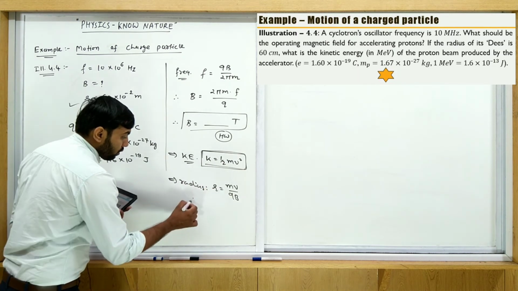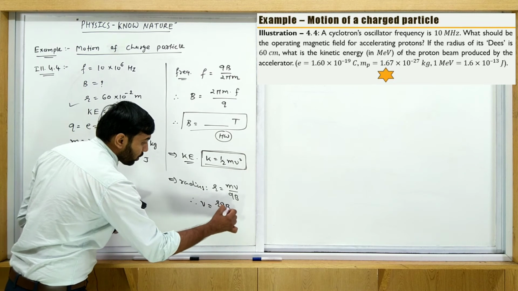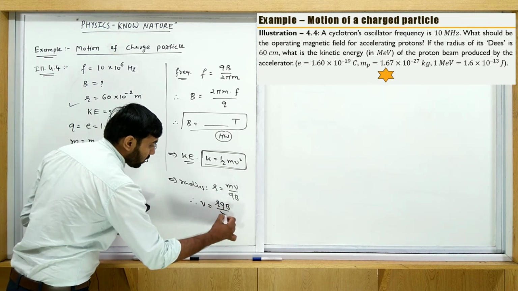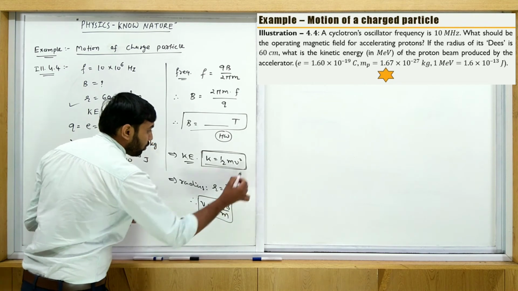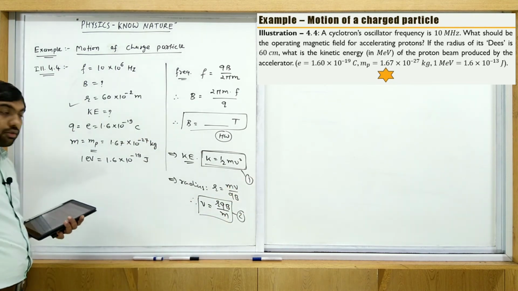So v is equal to r QB upon m. This is equation number 1 and the kinetic energy formula is equation number 2. You just replace the value of v into this equation.